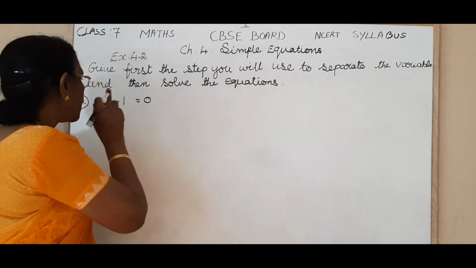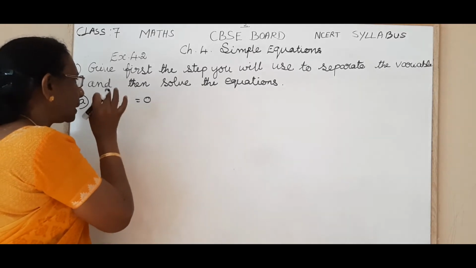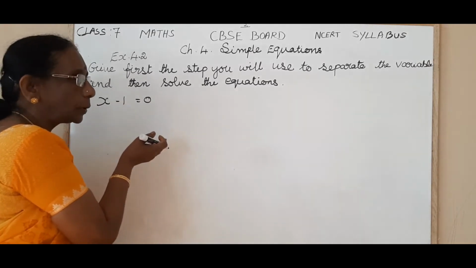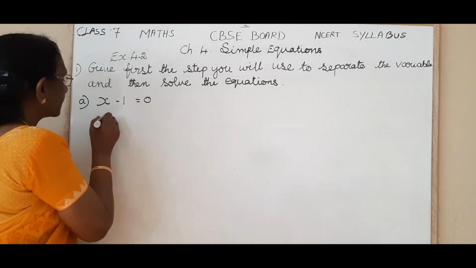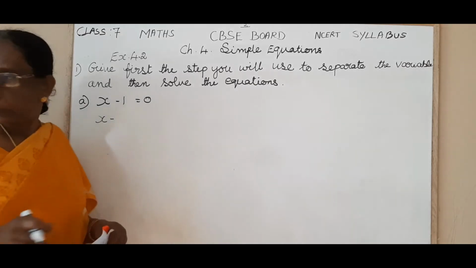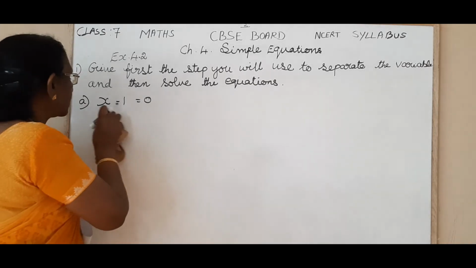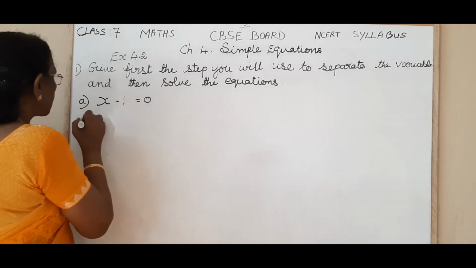Okay, so solve means we have to find the value of x. That means we need only x in the left hand side. Okay, so what should we do? We do the opposite operation. We add 1 to both sides. So the first step is what?